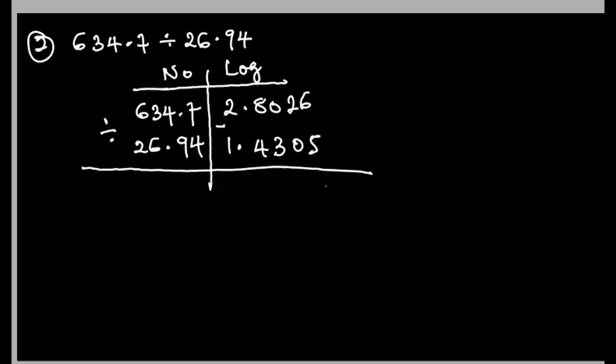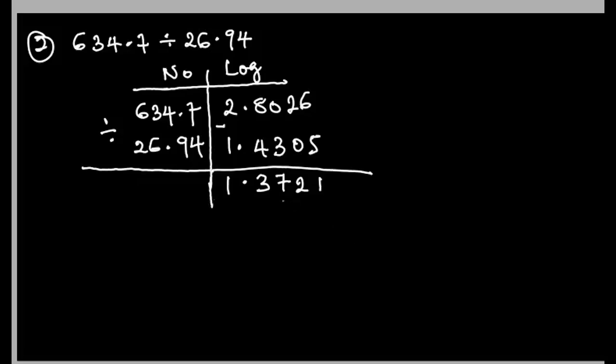So 5 here is 1. 2 minus 0 is 2. 0 minus 3 can't go, so we borrow 1 from here and it becomes 10. 10 minus 3 is 7. I have 7 left here. Minus 4 is 3. Then 2 minus 1 is 1. Good. So we now have our answer after we subtracted the log values.